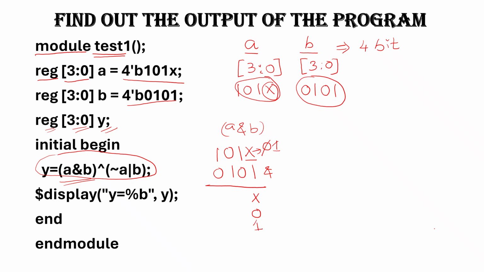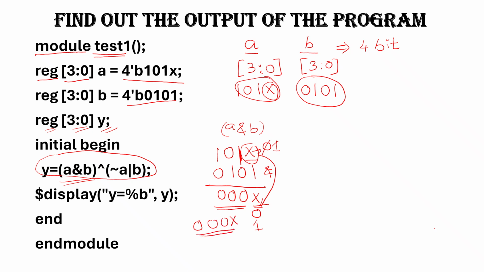So whatever value is present in X, the same value is reflected on the output. So don't care and 1, the result is don't care. Next bit is 1 and 0, output is 0. 0 and 1, output is 0. 1 and 0, output is 0. So after doing this AND operation, you will get the result 0, 0, 0, don't care.